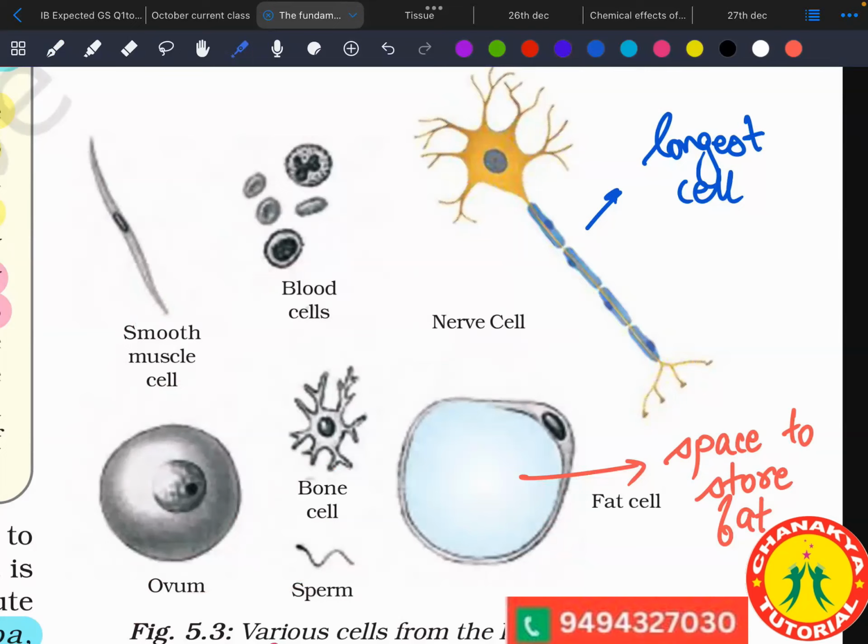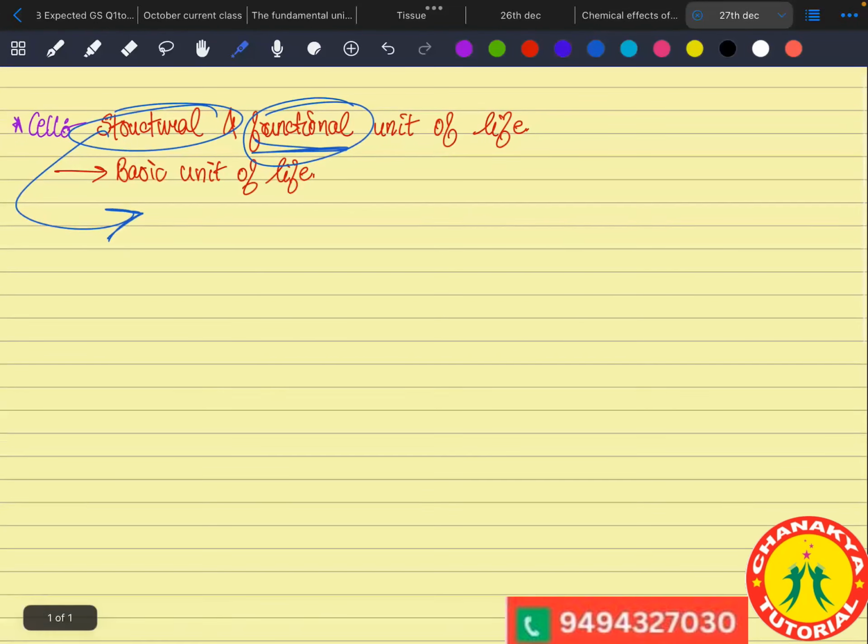All of these are different structures, and all of these have a unique function, different work. These combine and make different kinds of structures, and they perform different functions. So these are the structural and functional unit of life.